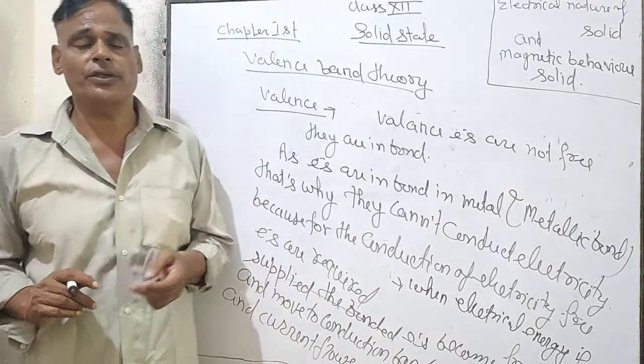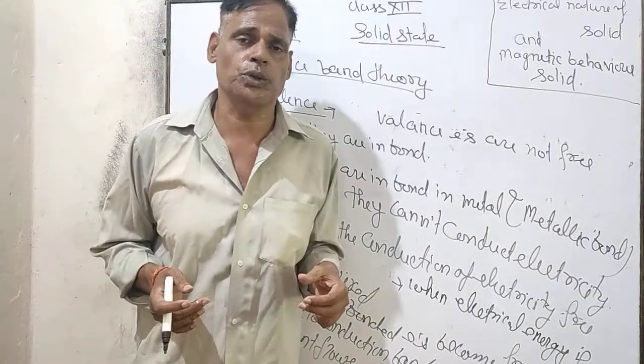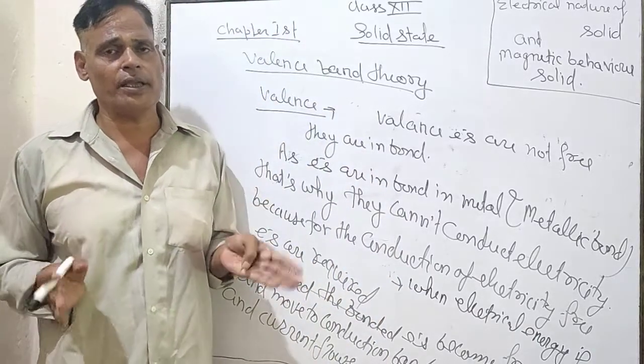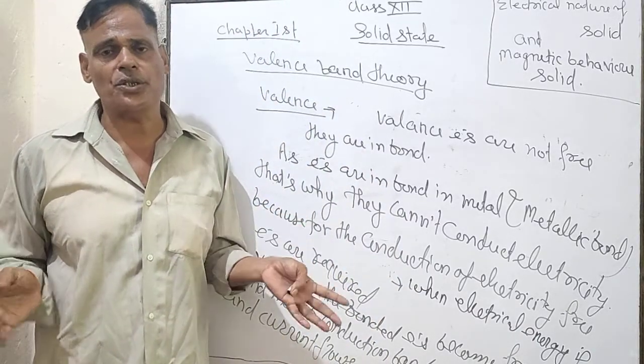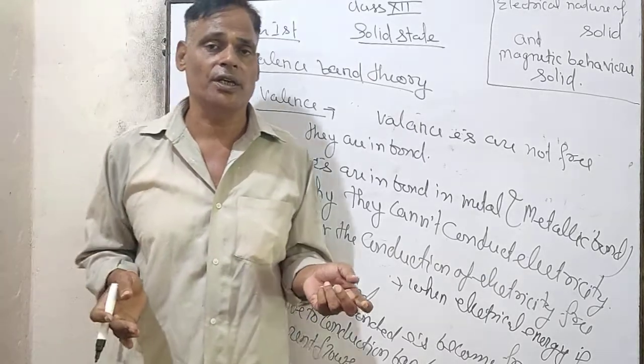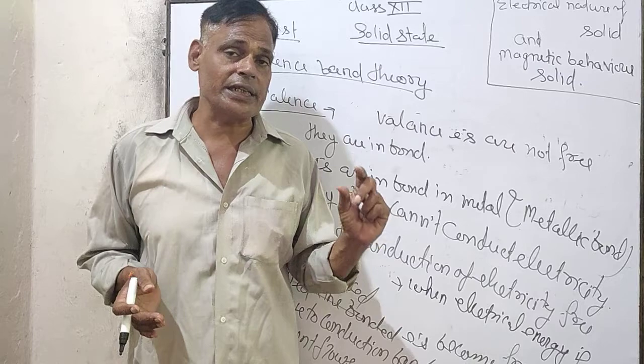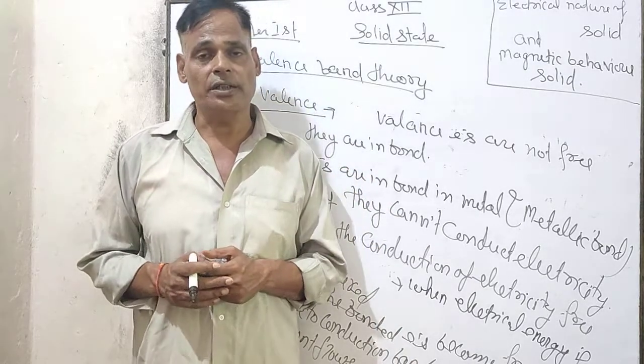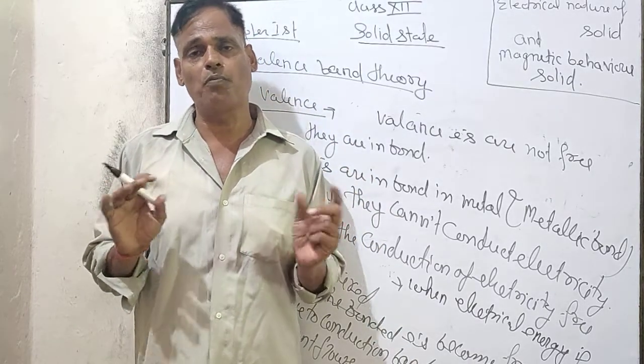So valence band theory explains that without establishing electrical potential across a solid, no electric current can be generated, because the electrons are in the form of bonds.